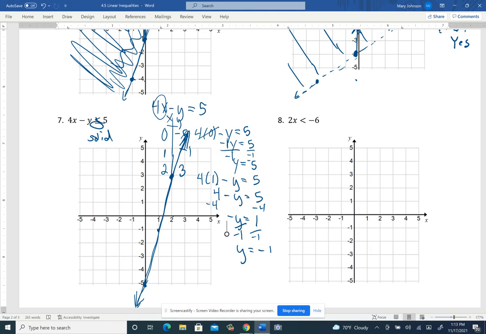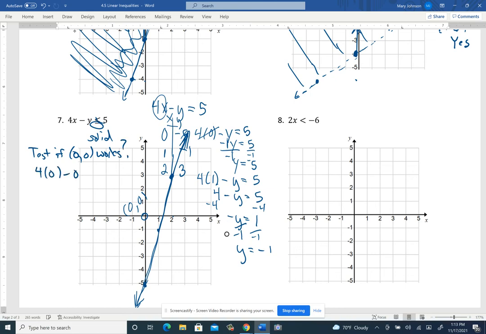All right, now I'm going to pick a point not on the line. Might try this point. It's not on the line. It's easy to plug in. So let's test if (0, 0) works. So is (0, 0) a solution?